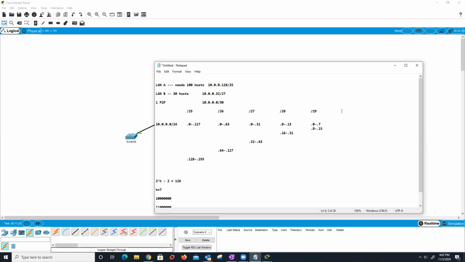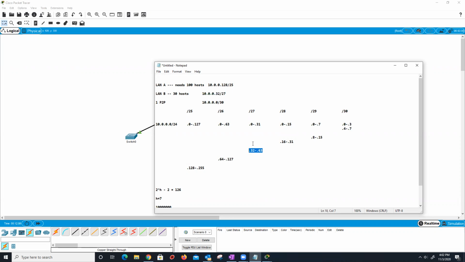And finally, last but not least, we go all the way down to /30, and we have .0 to .3 and .4 to .7. So we could pull that piece out. But doing it the way I do it, I didn't have to do all that, because I knew I could go straight to .0/30, .4/30, .8, .12, all the way up, but couldn't go past 32 because I've already pulled this part out to be used here.